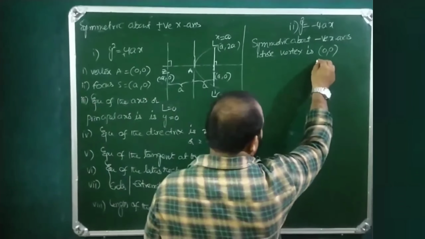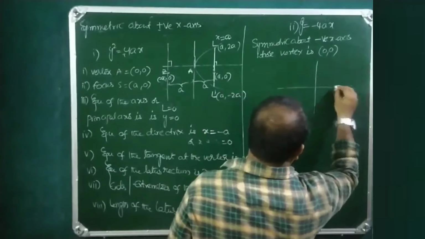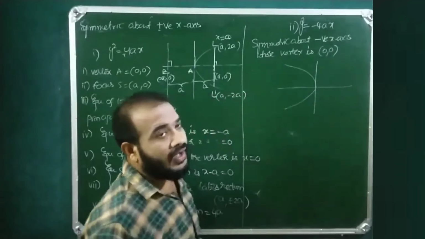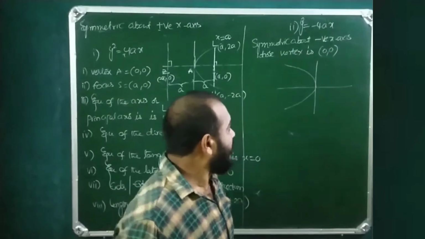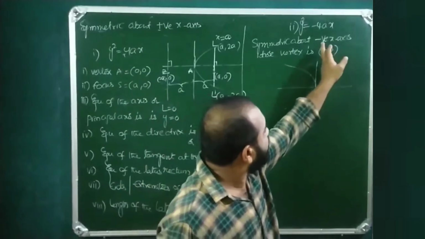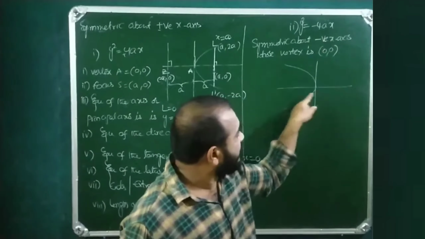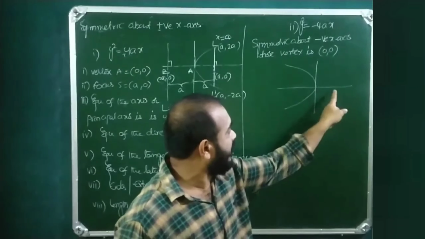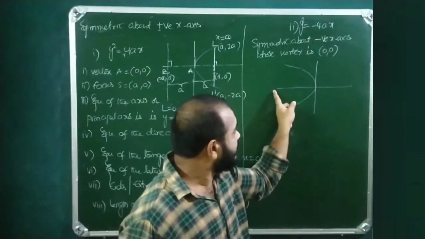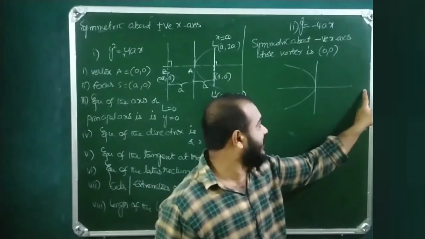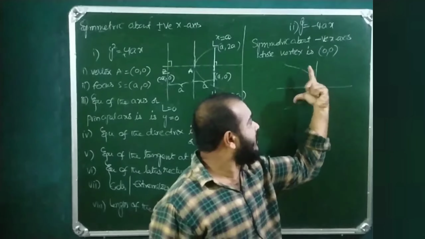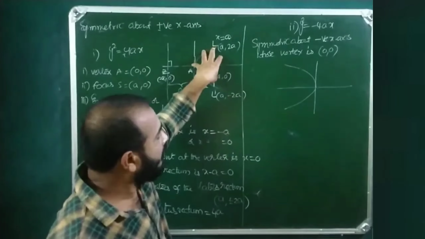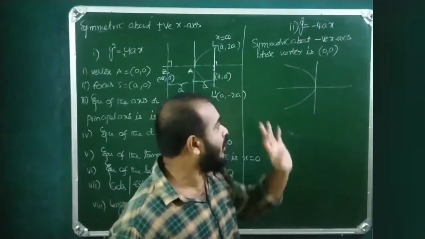But if you try to draw the diagram, it will be of this kind. Now this is the parabola y square equals minus 4ax. This parabola is symmetric about this x-axis, and this is open in the negative x direction. So this is the right parabola, we can say, and this is the left parabola.